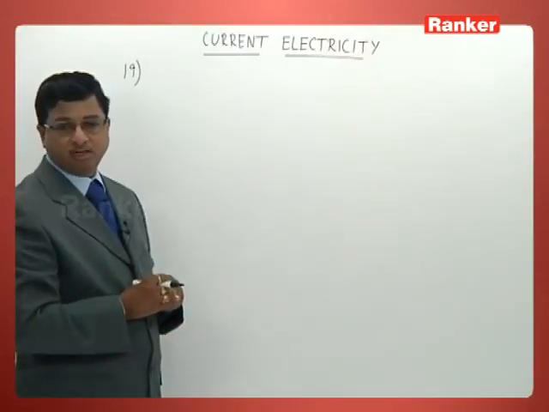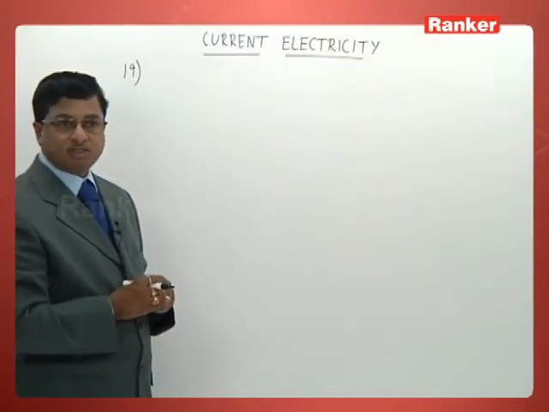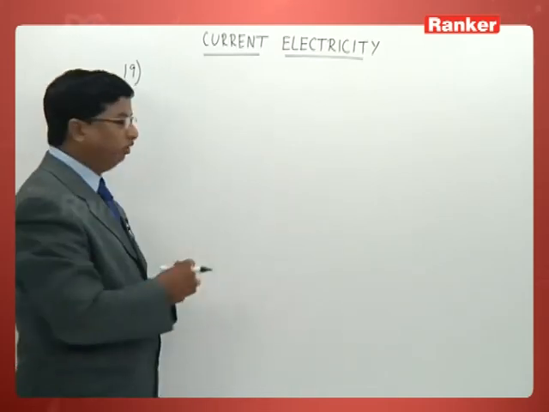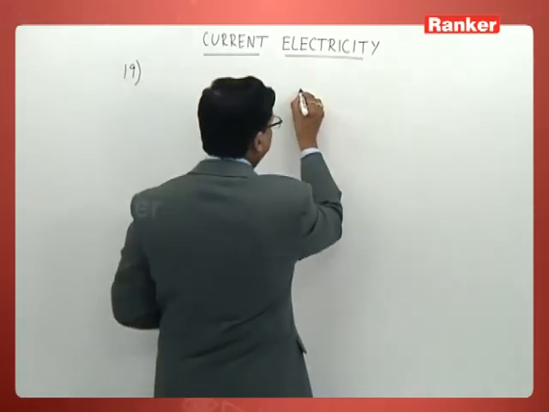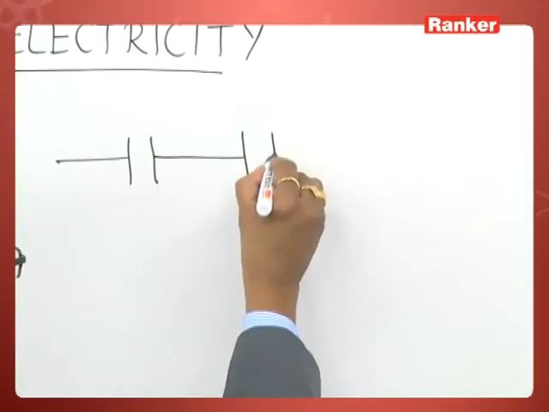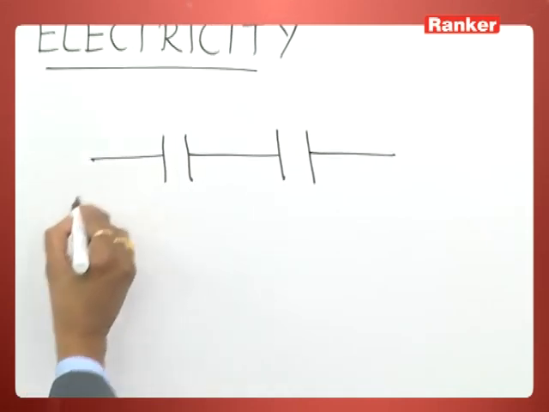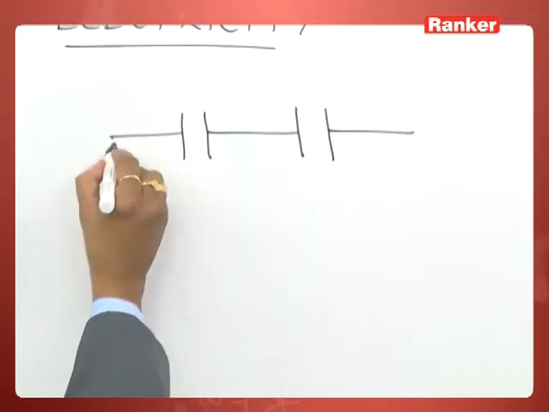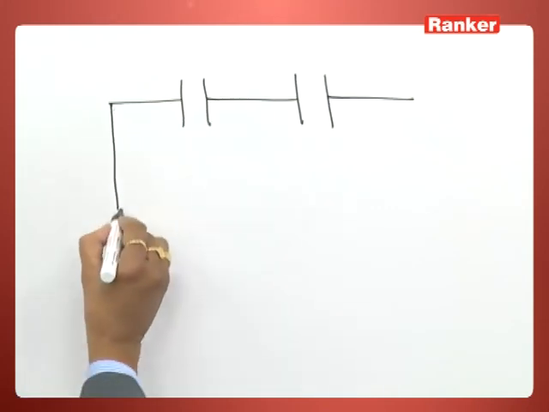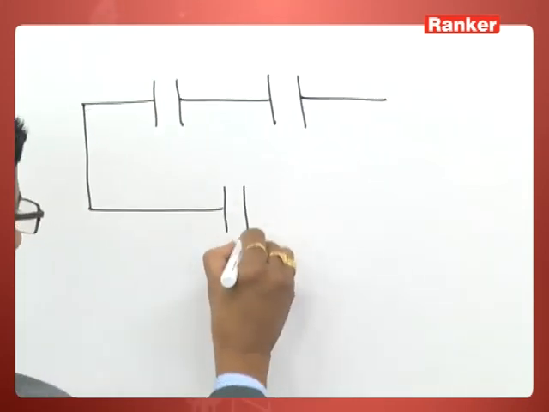You have been given a few capacitors and a few resistances. You will be finding a capacitor connected this way, another capacitor connected this way. And here he said directly one more capacitor that is connected in between these two like this.